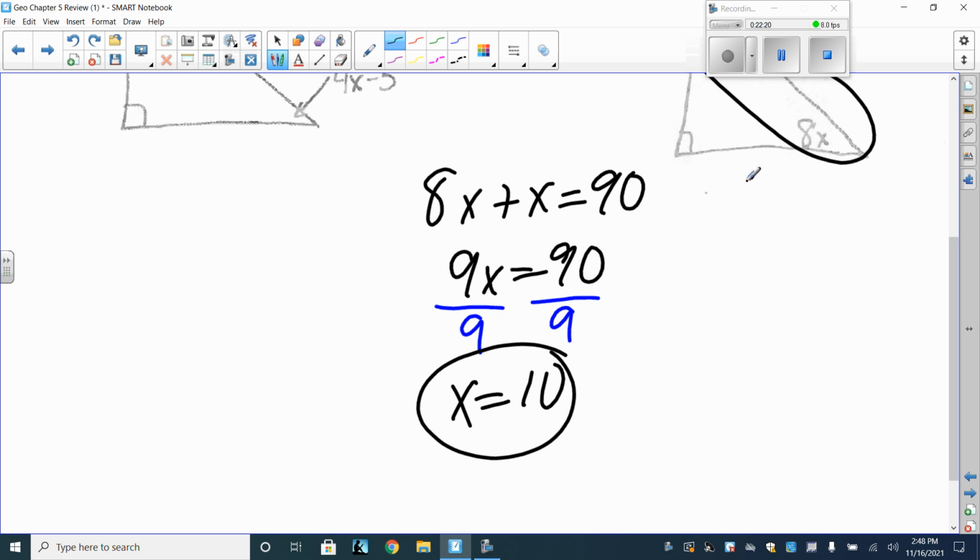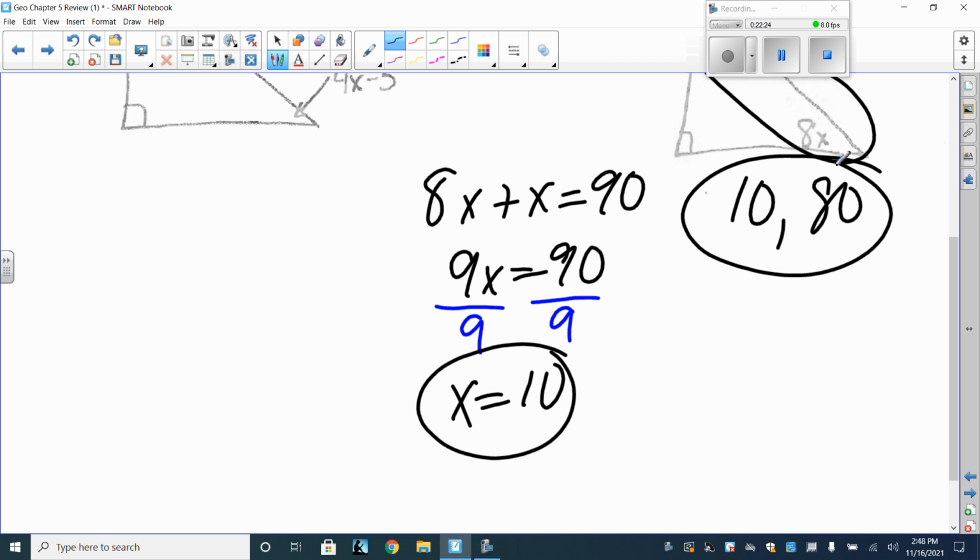Right, because one of them is just going to be 10. 8 times 10 would give us 80. Because it worked out that x and one of the angles were the same, because one of them was just x. Any questions on this here?